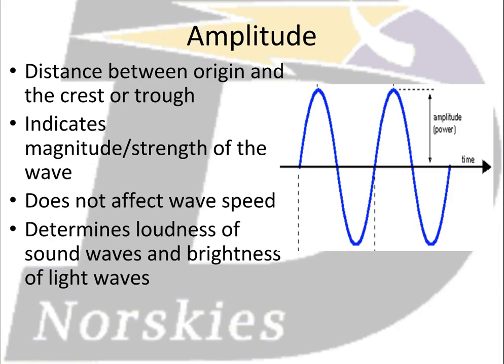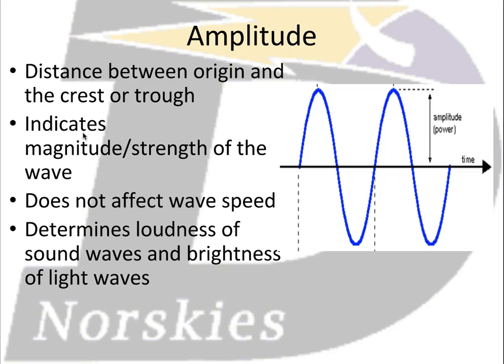So again, we have amplitude. I went over what amplitude means in this picture, but what does it indicate? It generally indicates the magnitude or the strength of a wave. If we're talking about a sound wave, amplitude would be the volume.